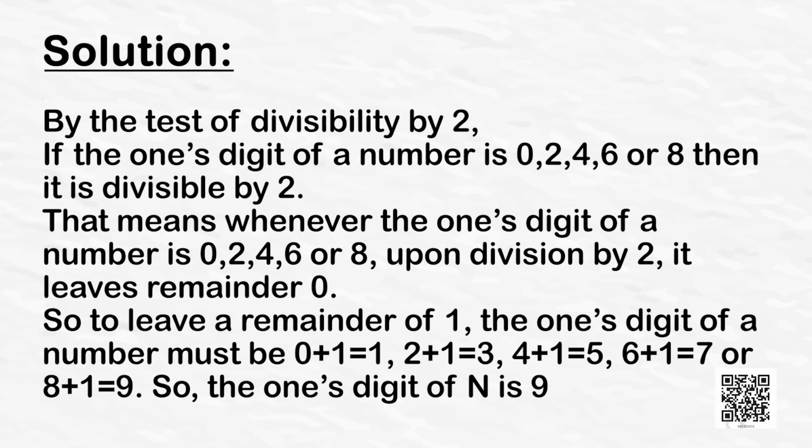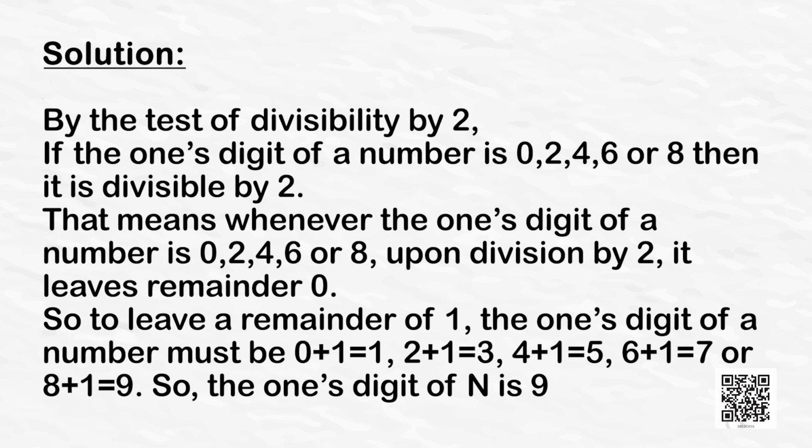So, to leave a remainder of 1, the ones digit of a number must be 0 plus 1 is equal to 1, 2 plus 1 is equal to 3, 4 plus 1 is equal to 5, 6 plus 1 is equal to 7 or 8 plus 1 is equal to 9.